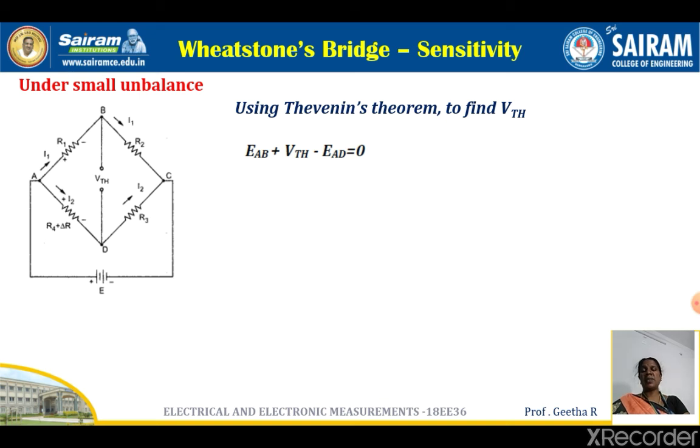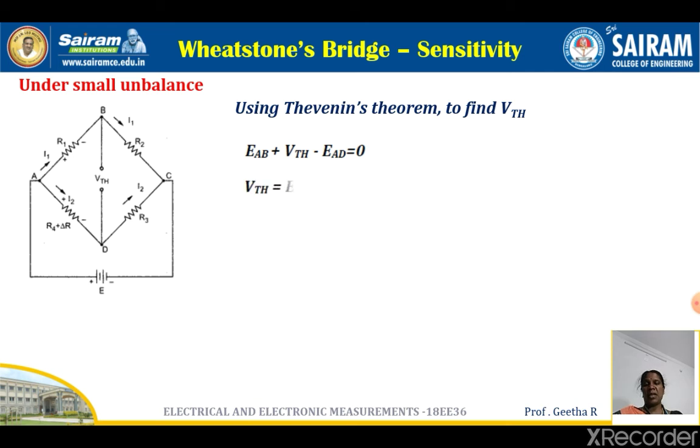Similarly, the voltage across B to D is VTH, and the voltage across D to A is EAD. You can see the direction of the current I1 from A to B, and from A to D the other current I2. When you write the loop equation, EAB plus VTH, since the current through AD is in the opposite direction, minus EAD is equal to 0.